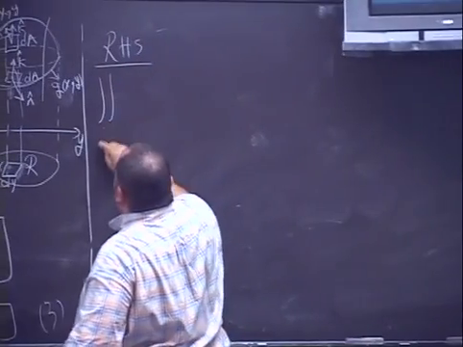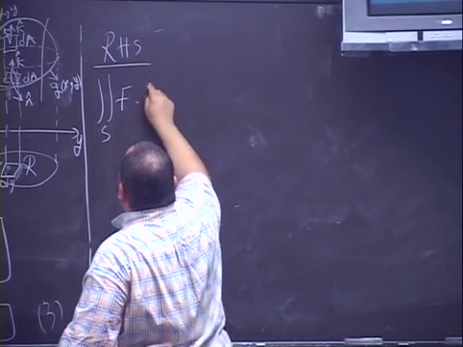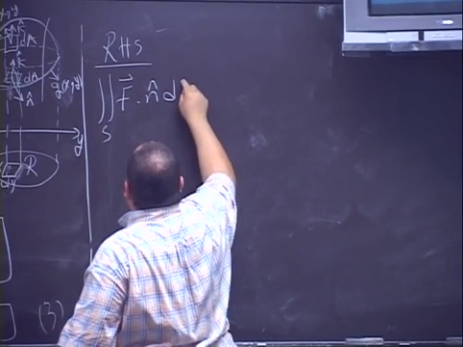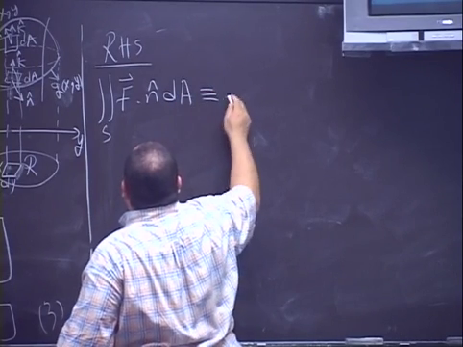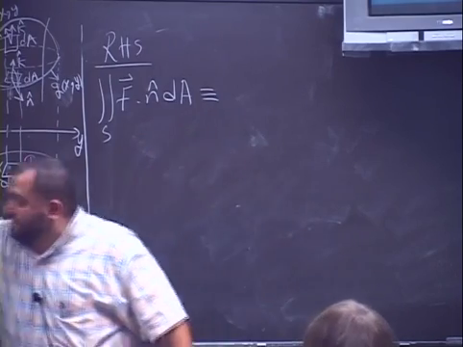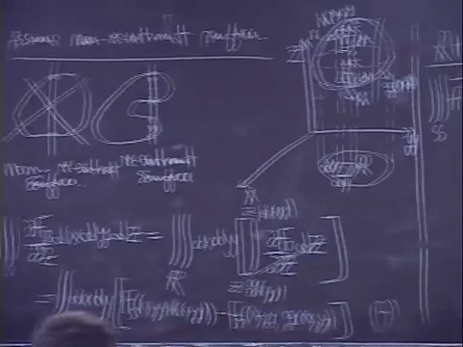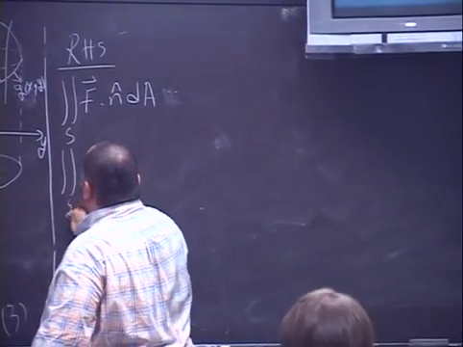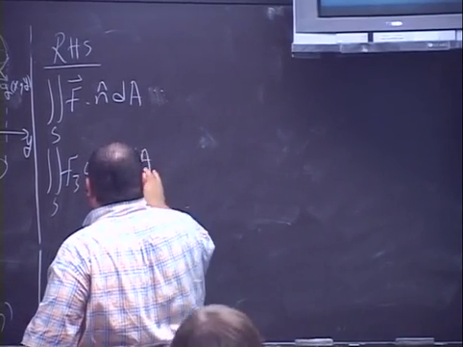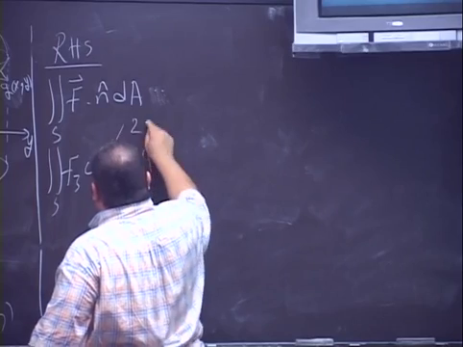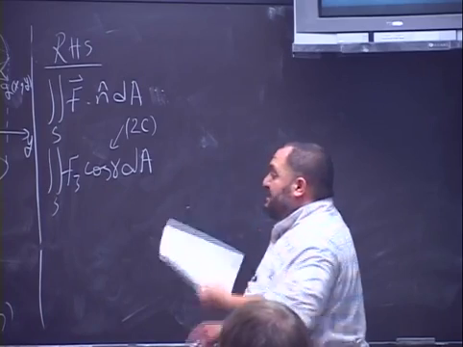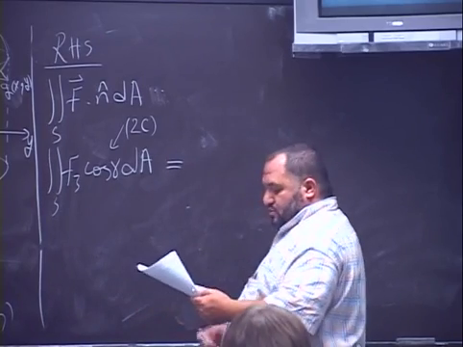The right hand side is f dot n dA, but we were looking for what? For f3. We said that we will compare f3. Yes? So we are doing now f3 cosine gamma dA, which is just what? 2c. Okay, guys?